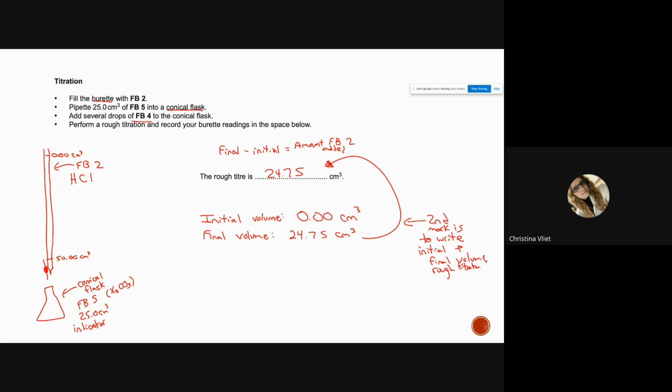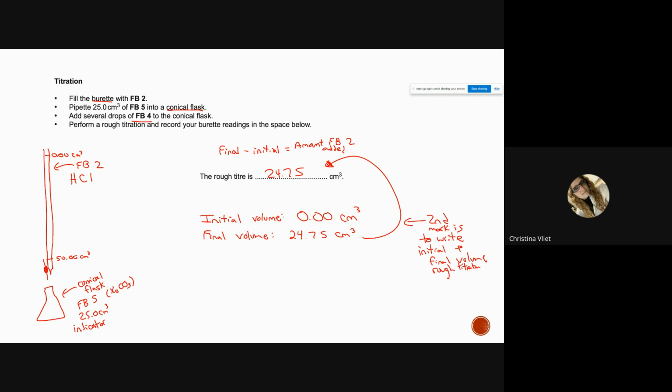That's why I'm slowly going over with you. This is how you earn the marks. They're actually very easy to earn because they're the same every time. The first one was, in this case, recording the mass. The second is recording your initial and final volume for your rough titration.